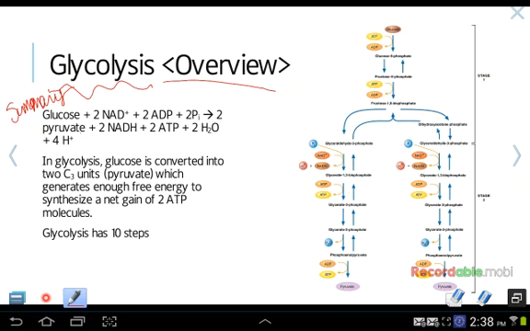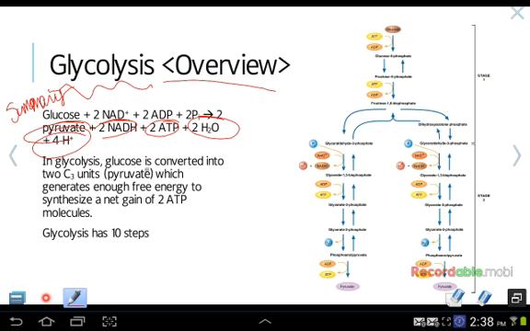So as you can see, from one glucose, we're able to yield a net of 2 ATP molecules, 2 NADH molecules, 2 pyruvate molecules, 2 molecules of water, and 4 protons, or 4 acidic protons.